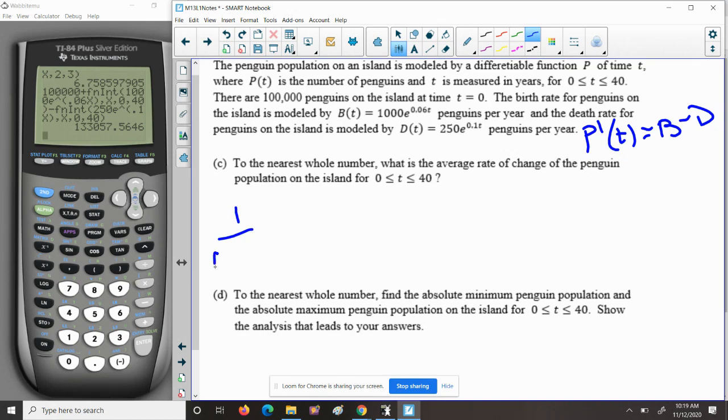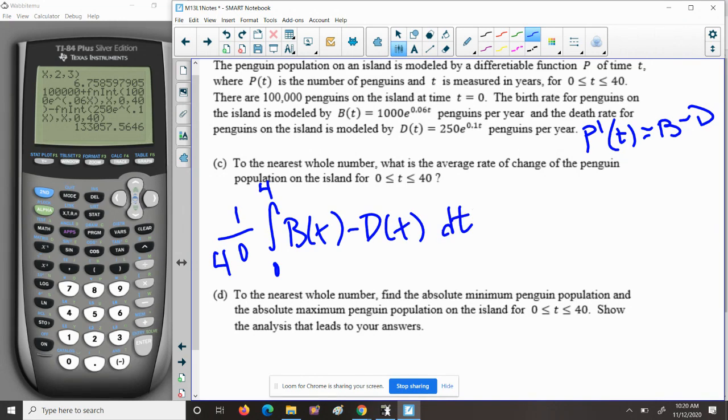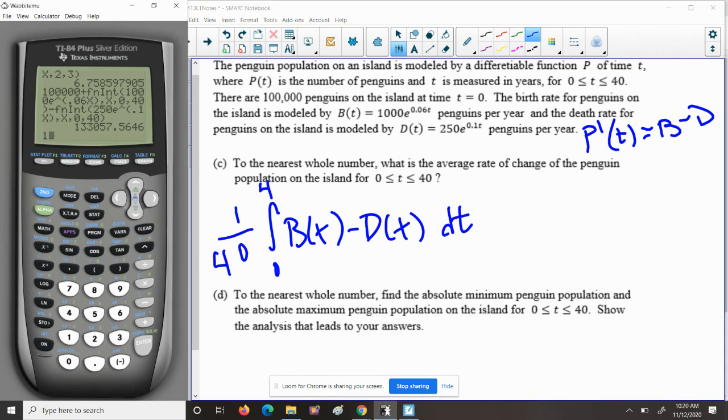Okay, 1 over B minus A, so 1 over 40 minus 0 is just 1 over 40, times the integral from 0 to 40 of P prime of t, which would be B of t minus D of t. So let's plug that into our calculator. 1 divided by 40 times the integral.